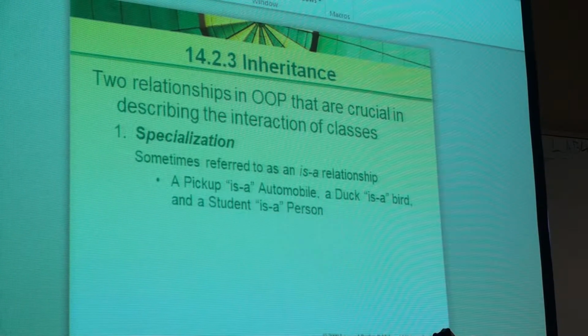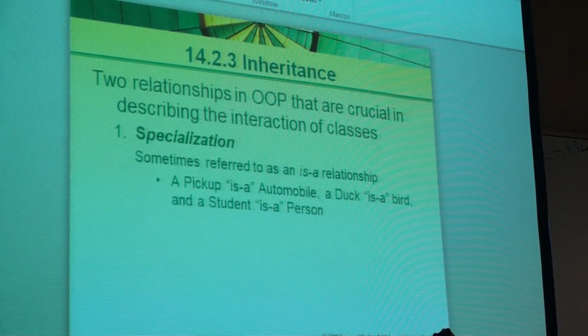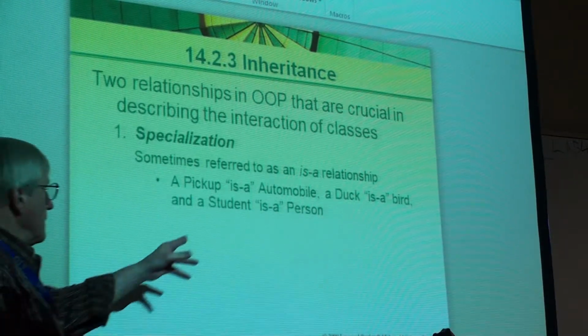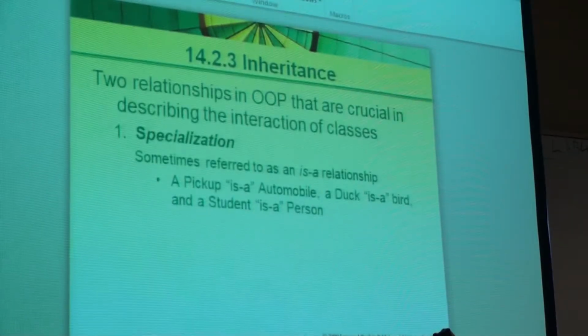When we talk about inheritance, there are two key concepts. Two relationships. One is specialization. And the specialization one is always phrased, or can always be phrased, by a very key phrase called ISA. In fact, many times in the literature you'll see it written as ISA. Okay?